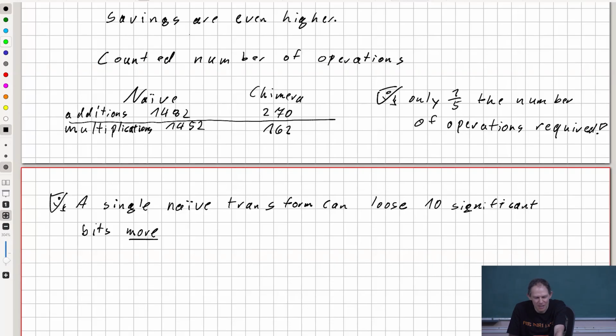But one transformation can lose 10 significant bits more than the Chimera transform. In single precision, 10 bits is half of your precision, right? So one transformation kills half of the precision.